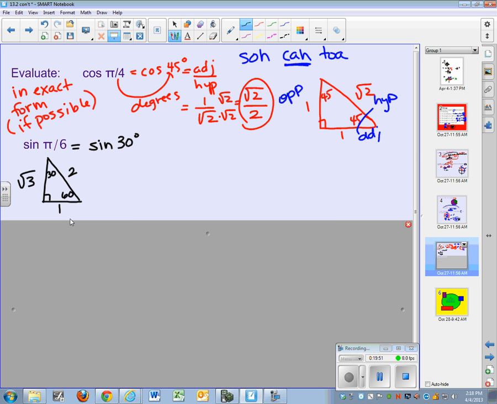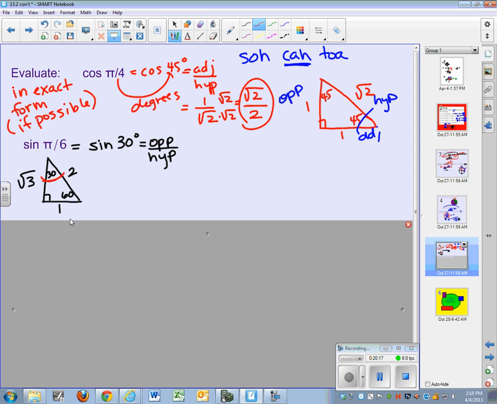Okay, so think SOHCAHTOA again. Sine is what over what? Opposite over hypotenuse, right? And our 30-degree angle is our reference angle. And so the opposite side would be 1.